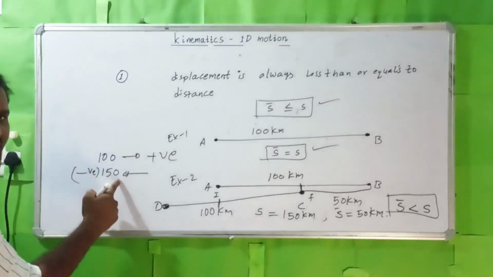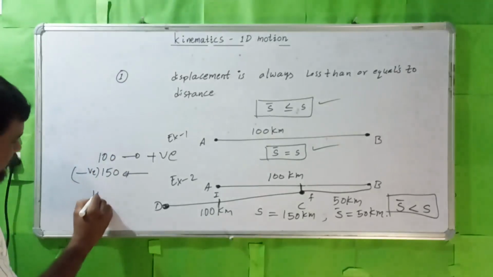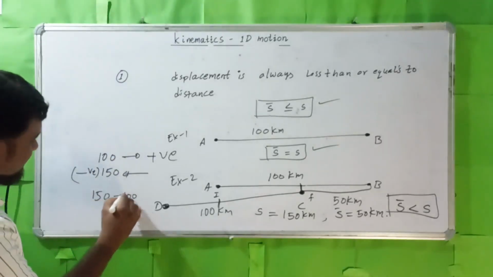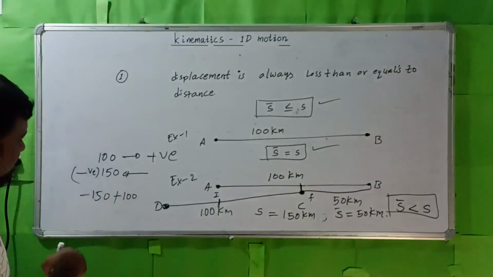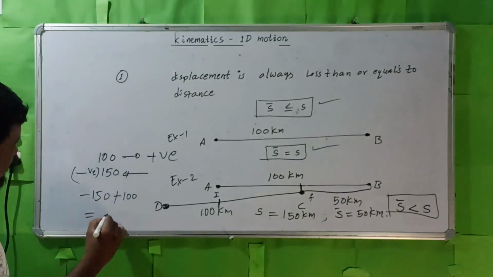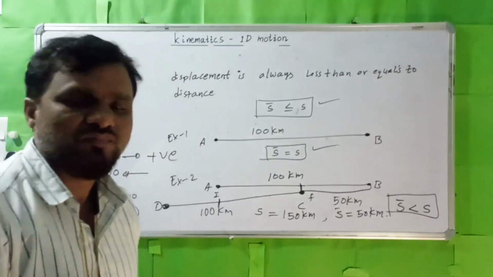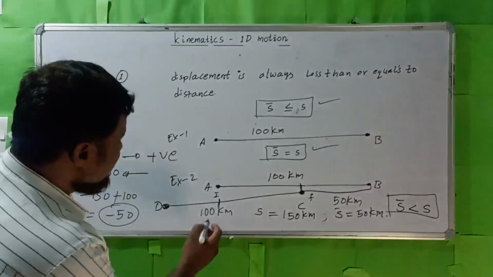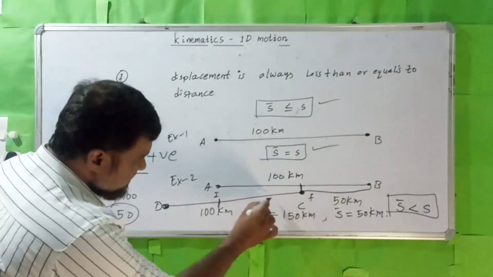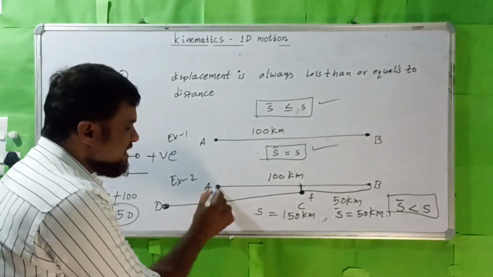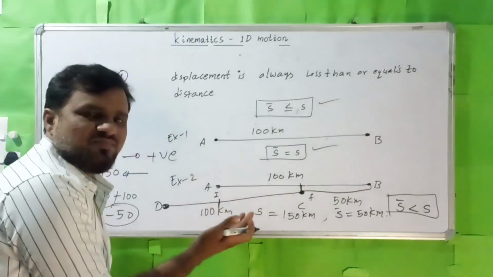So which one is greater? The negative direction is greater. 100 minus 150 equals minus 50 is the answer. So displacement may be negative or zero. Suppose a particle started at point A and comes back to point A only, then what happened? Displacement is just zero.